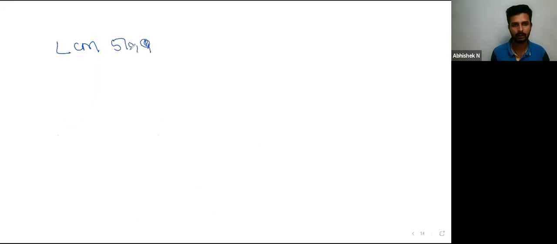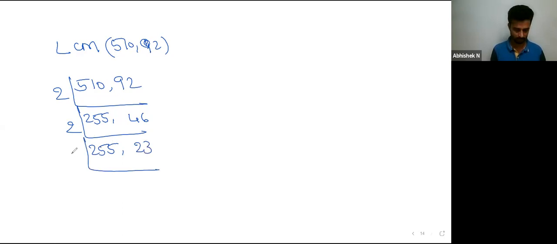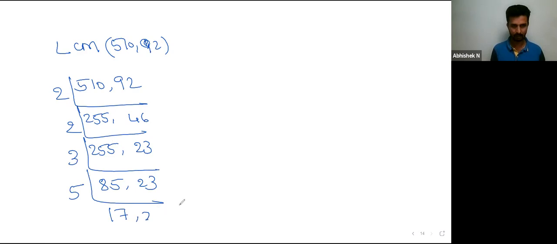5, 10 and 92. So I take the LCM: first I divide by 2, I'll get 255 and 46. Again divide by 2, this remains the same, but this changes to 23. So this gives 85 and 23. I divide this again by 5, then 17 and 23.